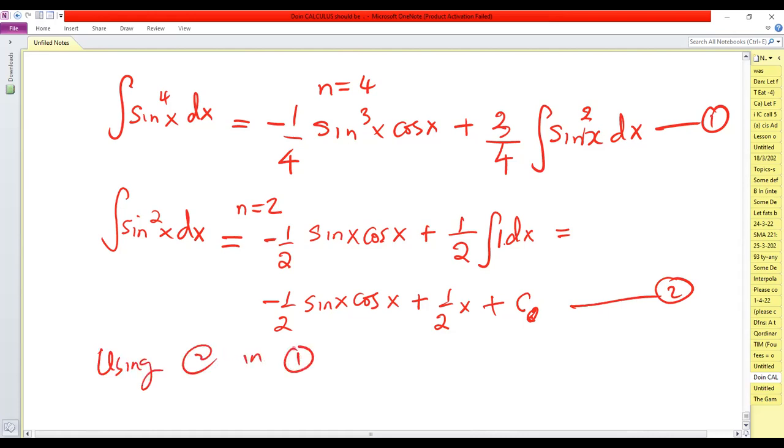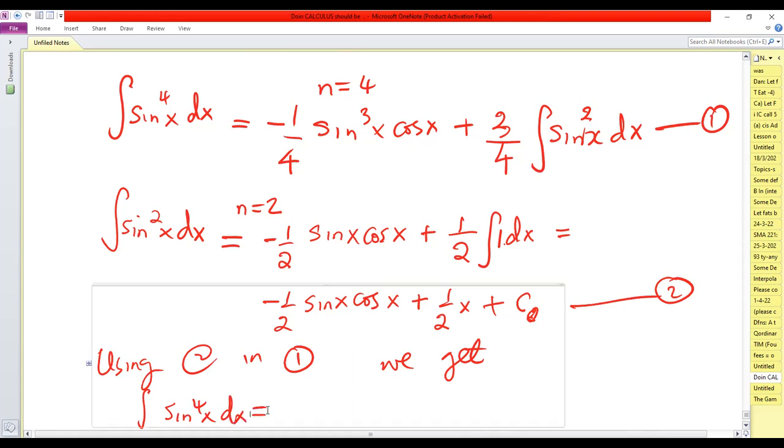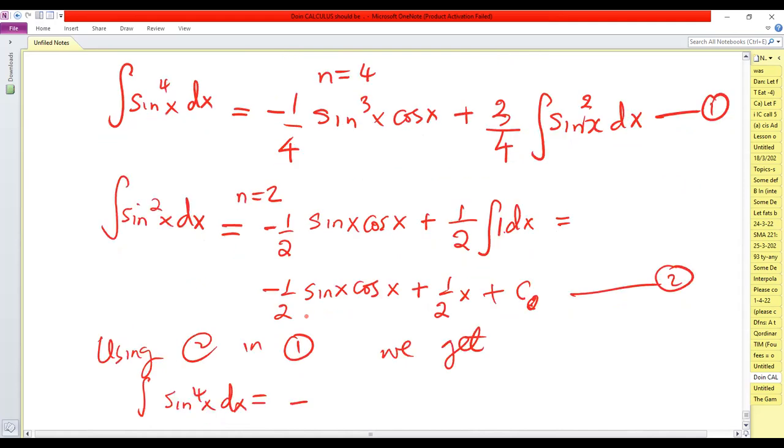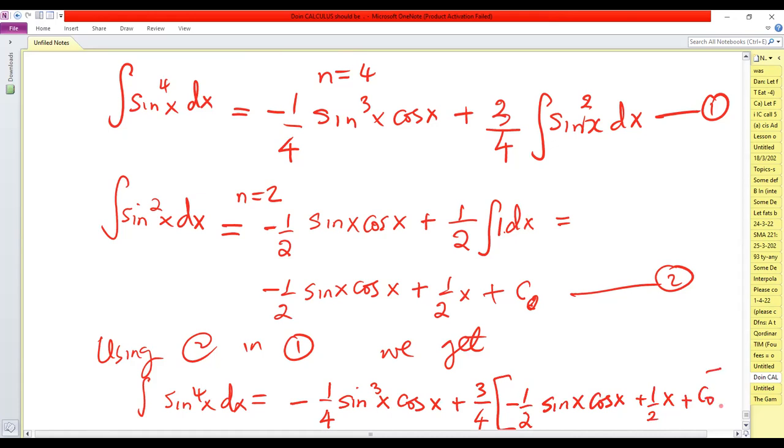So using 2 in 1, we get that the integral of sine power 4 x dx will be given by negative 1/4 sine power 3 x cosine of x plus 3/4, and then this part from 2 is negative 1/2 sine x cosine of x plus 1/2 x, and then plus c naught, the constant of integration.